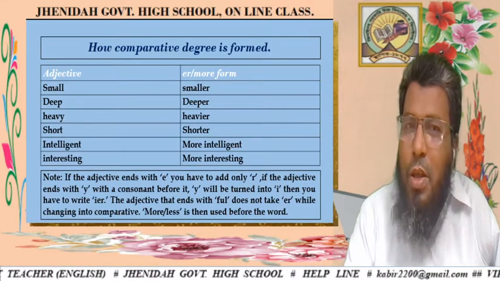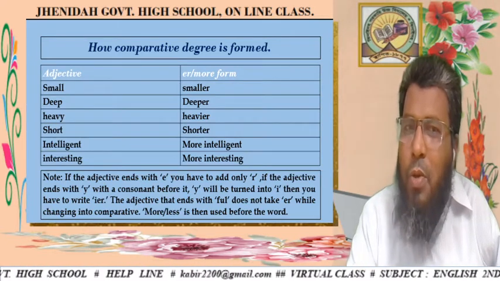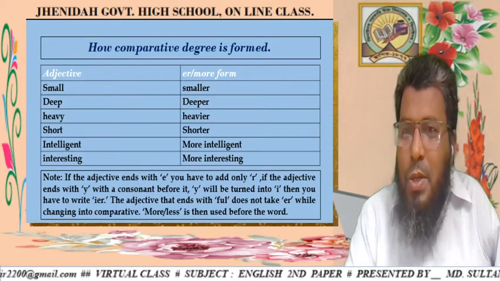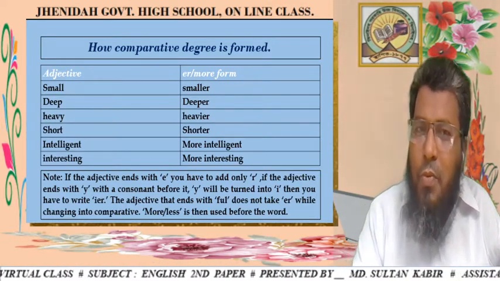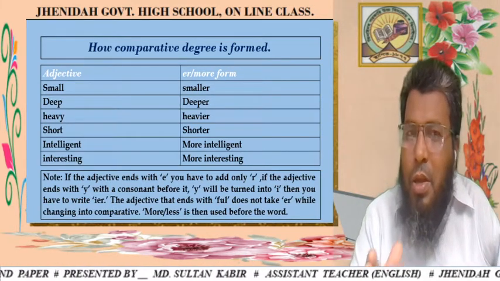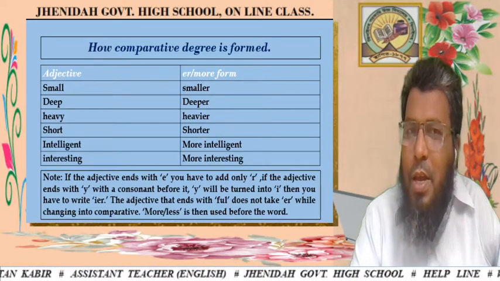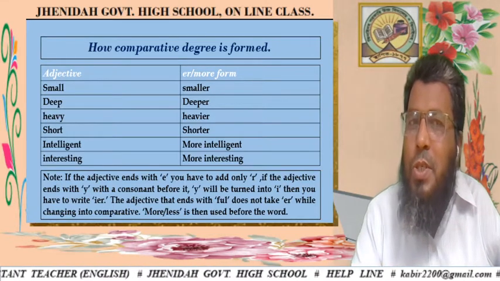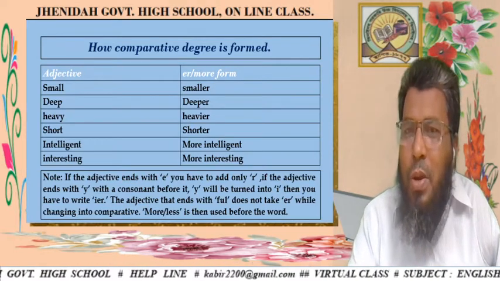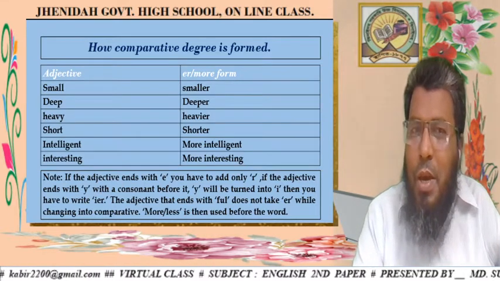If the last letter of an adjective is y and the y follows a consonant, then the y will be changed into i, and finally we add er to the word. That is why heavy becomes heavier. Here y is replaced by i.